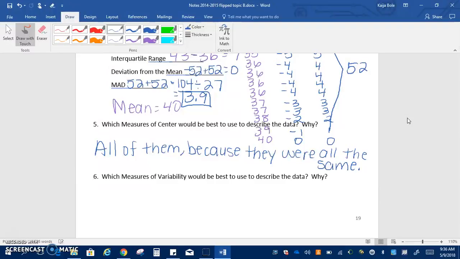And then which measure of variability would be best to use? For this one we would say the MAD, because it tells you that the numbers are pretty close together, which is true.